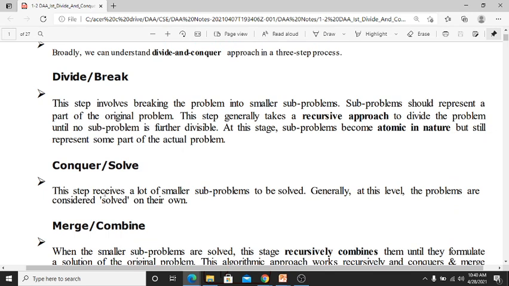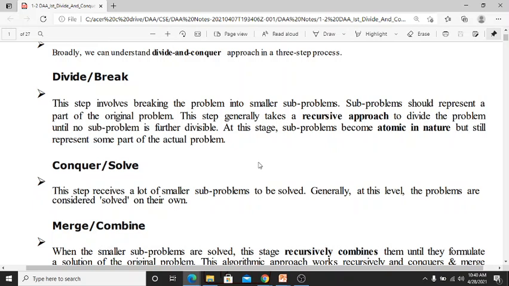Next, conquer. What is conquer? This step receives a lot of smaller sub problems to be solved. Generally, at this level, the problems are considered solved on their own. So whatever problem we divide, after that it should be solved by itself.